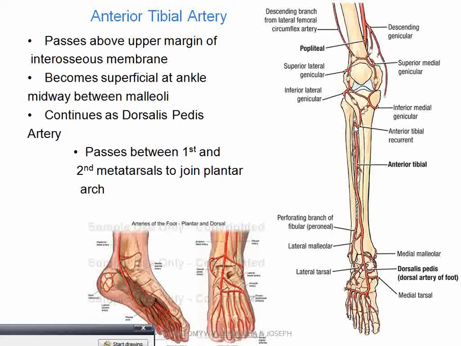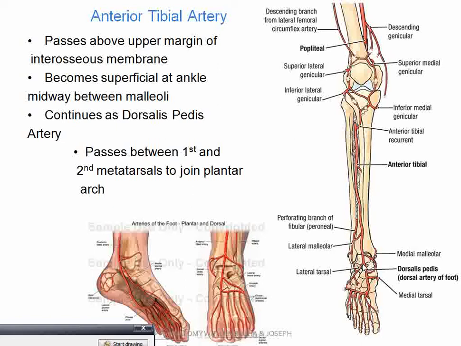It reaches anteriorly, passes above the upper margin of the interosseous membrane connecting the tibia and fibula, and it continues downwards, lying anterior to the interosseous membrane, and becomes superficial at the angle between the lateral and medial malleolus. It becomes superficial, and it continues as the dorsalis pedis artery. Dorsalis is present on the dorsal aspect, pedis means foot.